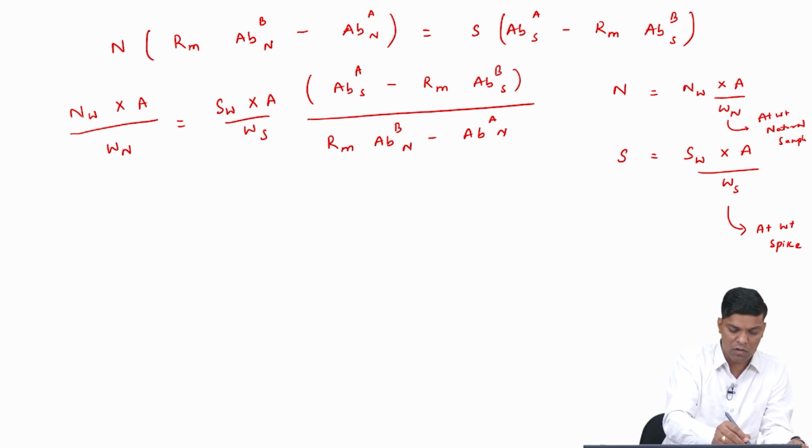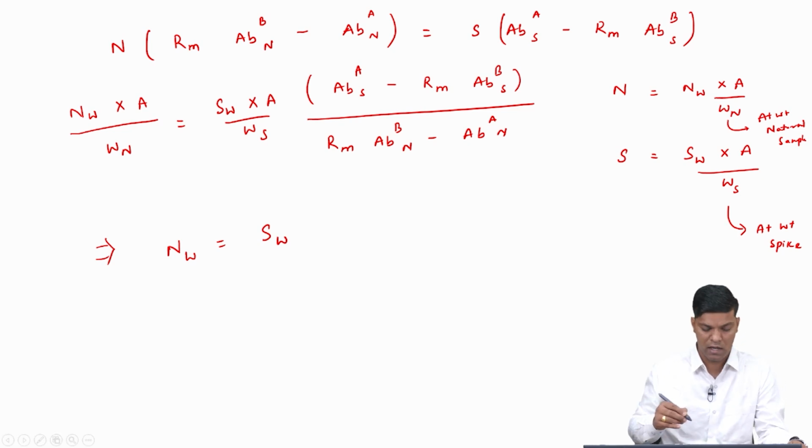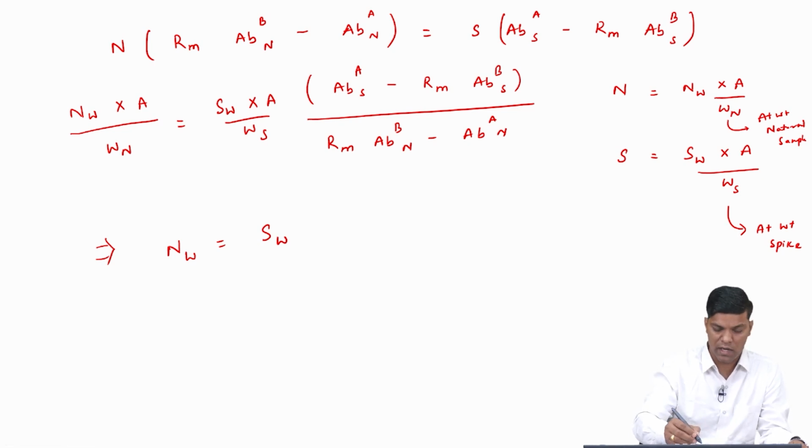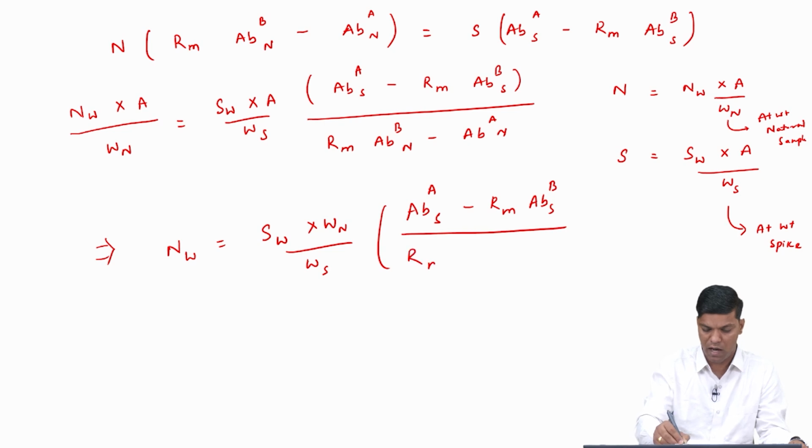So, if you cancel out the A and rearrange a bit, then Nw is equal to Sw into Wn by Ws, times (abundance A S minus Rm abundance B S) divided by (Rm abundance B N minus abundance A N).